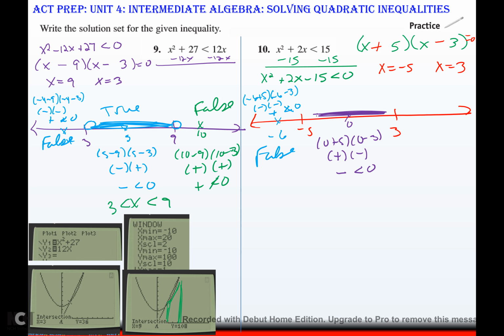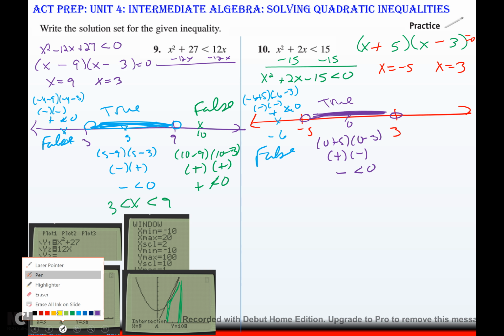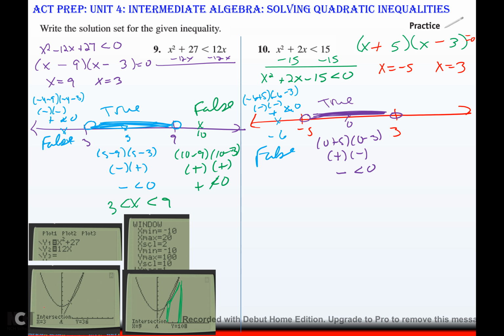So that's true, but don't include the ends. And the other end, I'm sure, is going to be false, but let's check. If I pick 4, 4 plus 5, 4 minus 3, that's a positive times a positive, which is never less than 0. So that would be false. So my solutions are between negative 5 and 3.